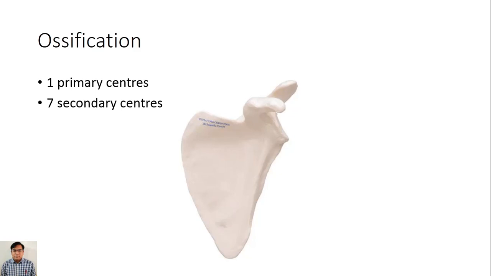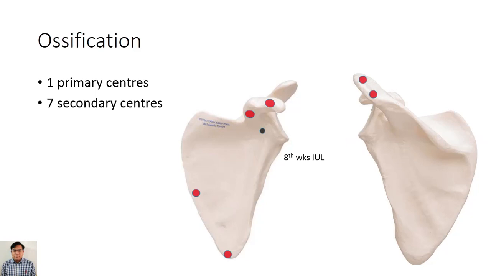So one primary center appears near the glenoid cavity at the 8th week of intrauterine life, and the 7 centers are: one for the coracoid process, one for the subcoracoid area, one for the medial border, one for the inferior angle, 2 for the acromion process, and 1 for the glenoid cavity. So these are the 7 centers.